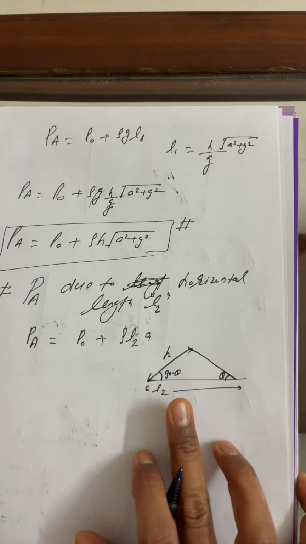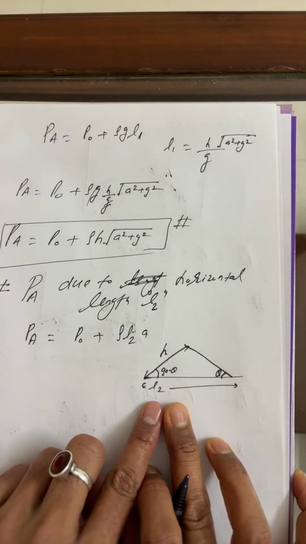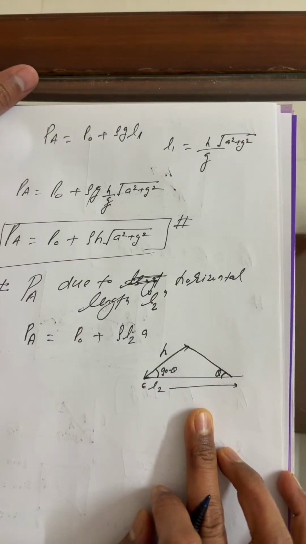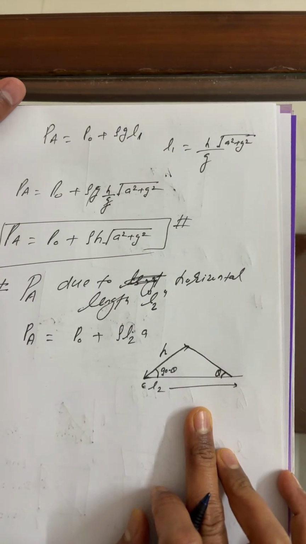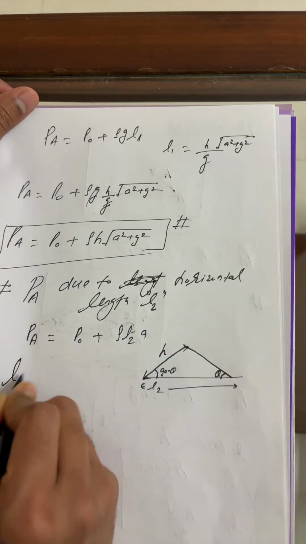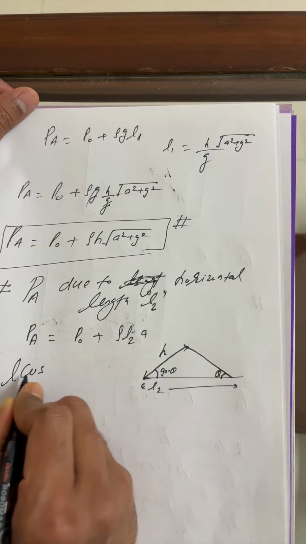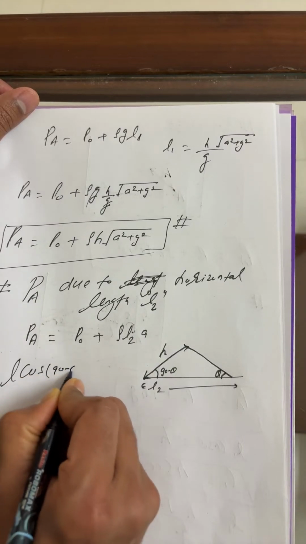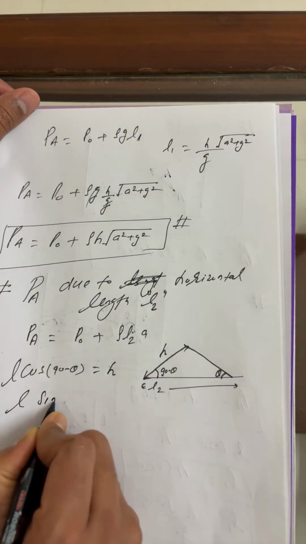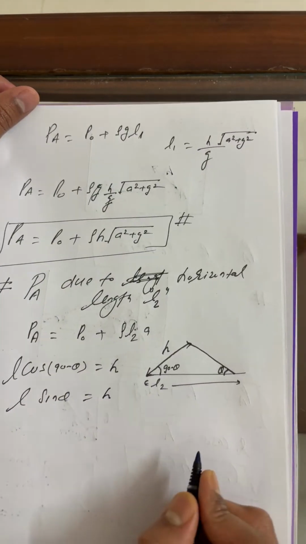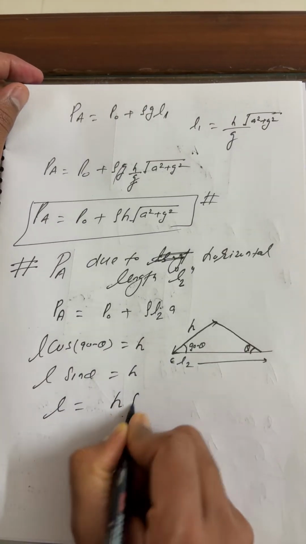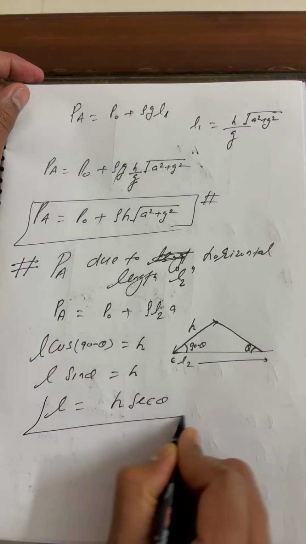Taking the component, L cos of 90 minus theta is equal to h, so L sine theta is equal to h. So L is equal to h times sec theta.